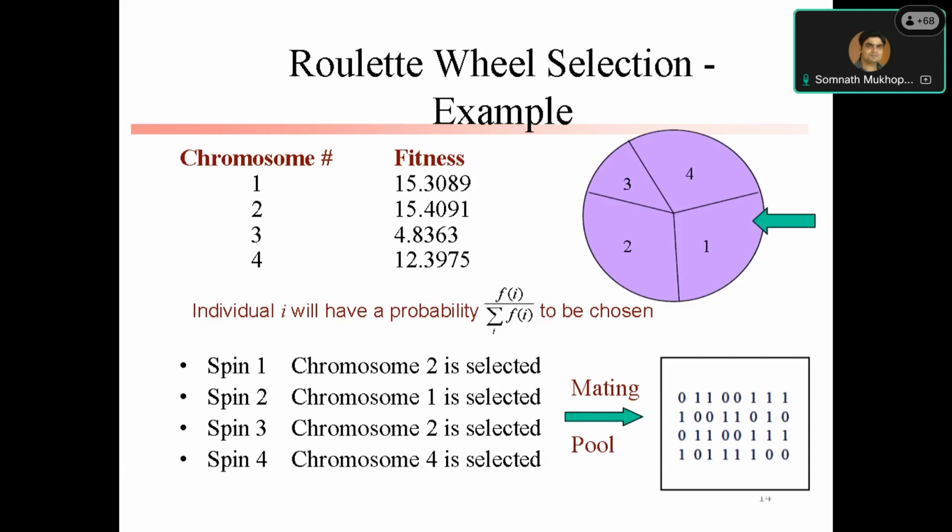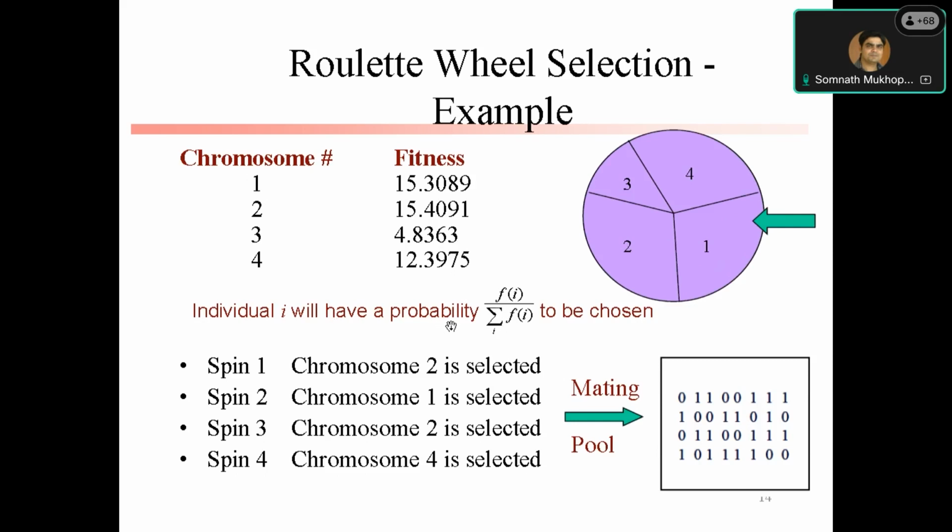Sir, here you have written the probability is equal to Fi by summation Fi. The area it covers in the wheel is Fi divided by the cumulative sum.